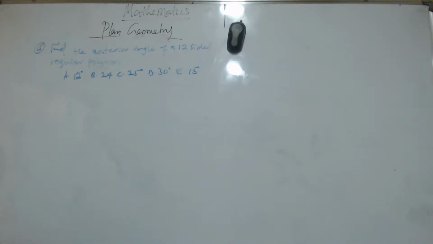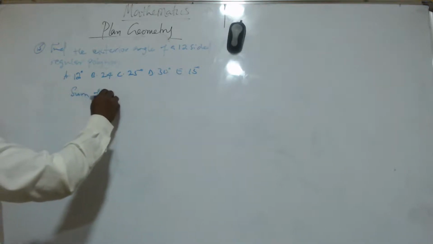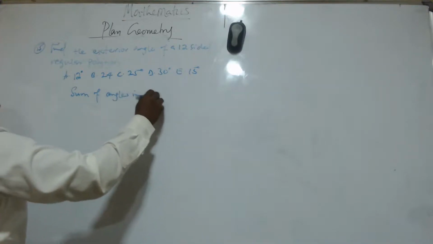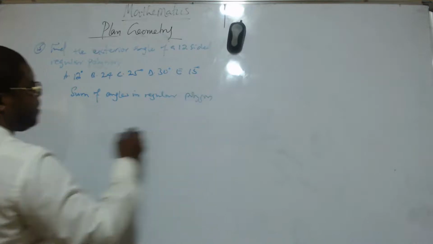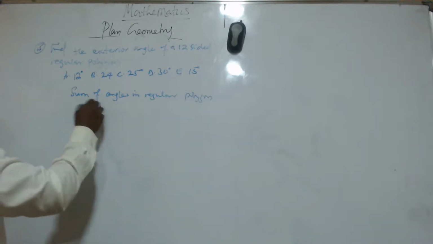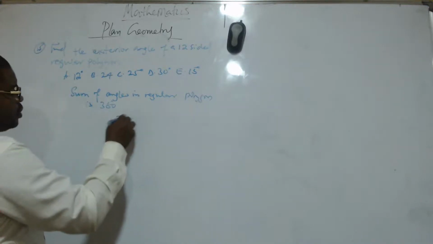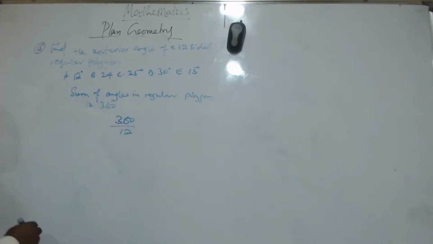Now we said the sum of exterior angles in a regular polygon of any number of sides is 360. So what will we do now? Another 360 divided by 12.